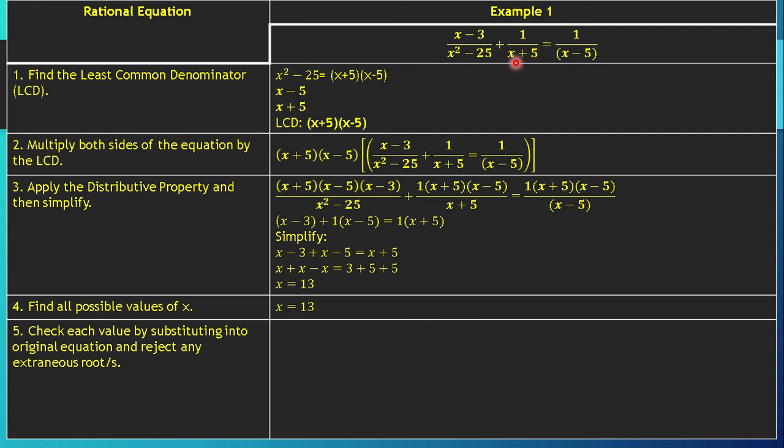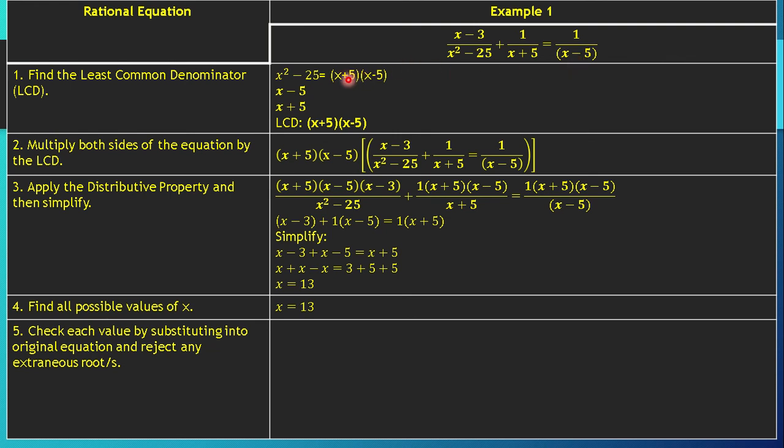Yung denominator ng second fraction ay x plus 5. Kaya meron tayong x plus 5 dyan. Yung denominator ng fraction na nandito sa right side ng equation ay x minus 5. So kukunin natin yung mga distinct factors na magiging LCD natin.